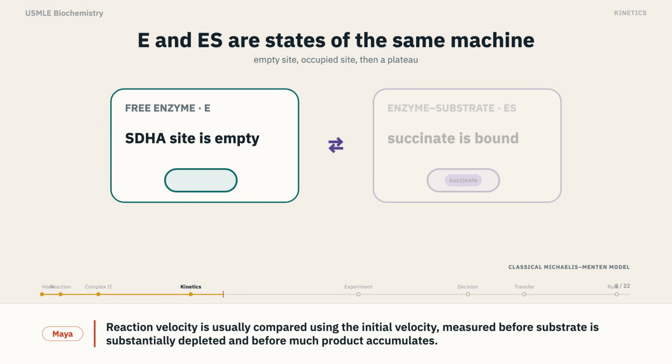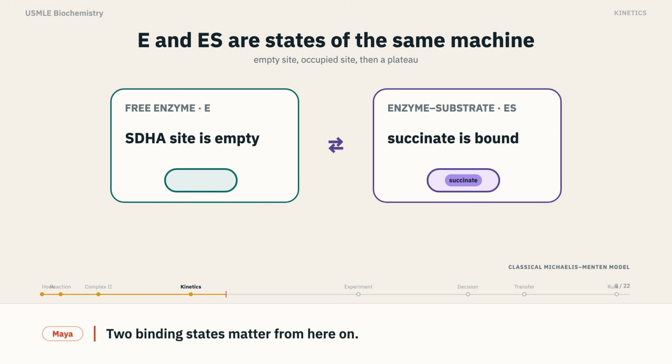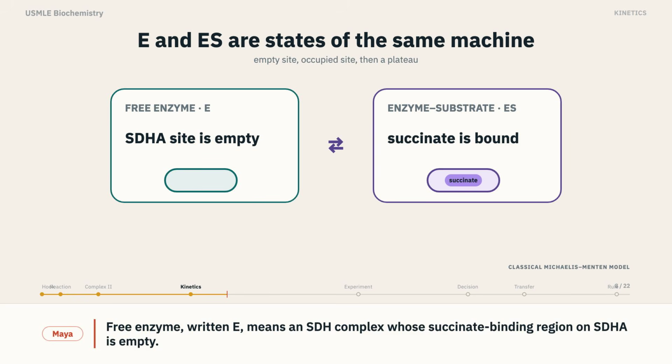Reaction velocity is usually compared using the initial velocity, measured before substrate is substantially depleted and before much product accumulates. 2 binding states matter from here on. Free enzyme, written E, means an SDH complex whose succinate binding region on SDHA is empty.